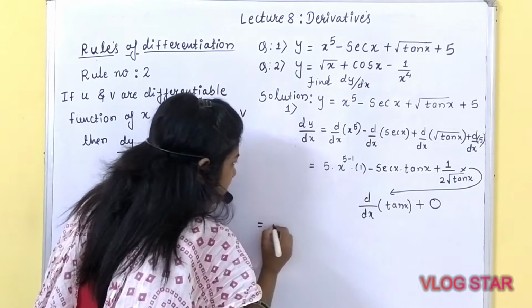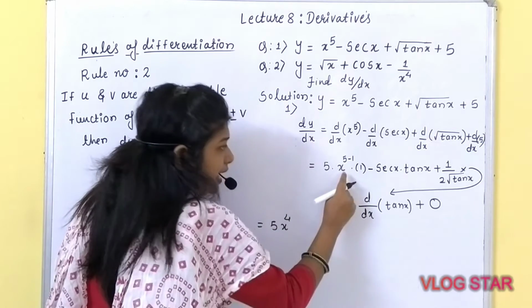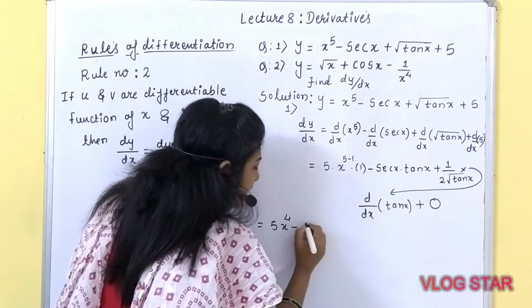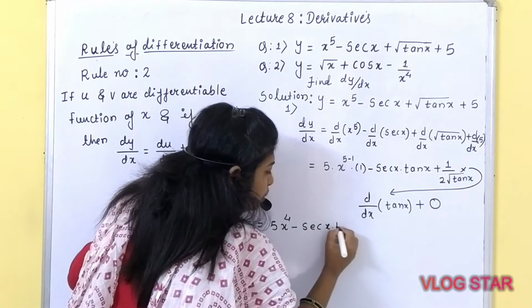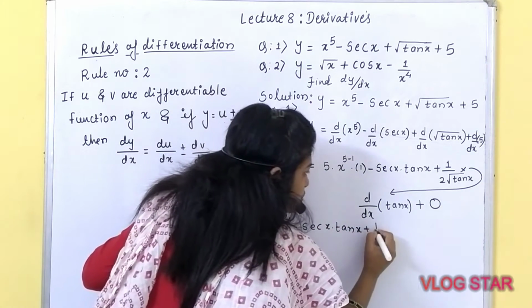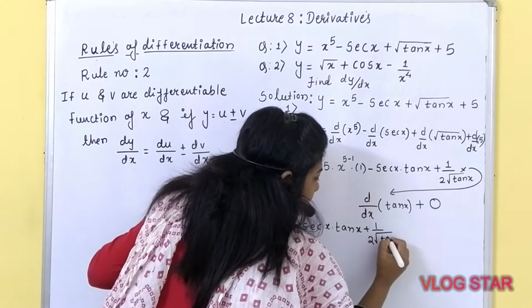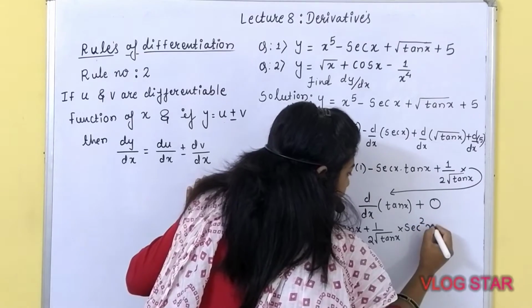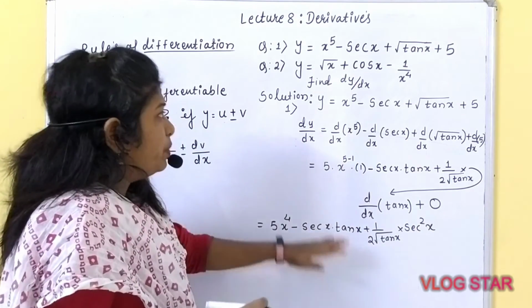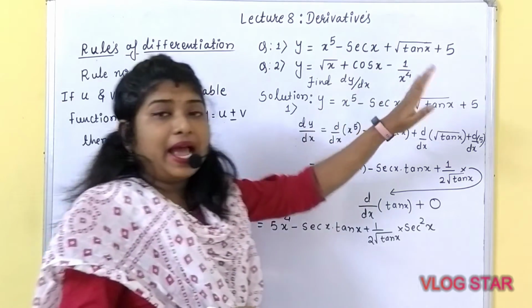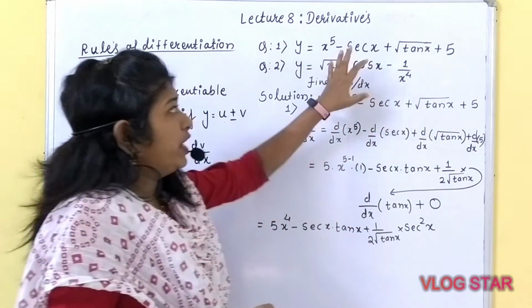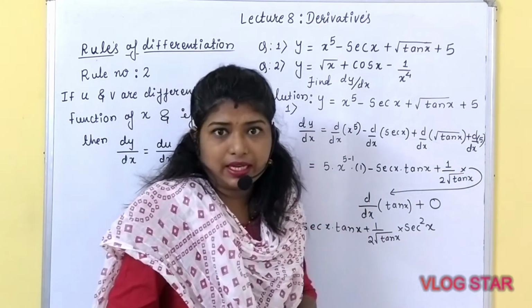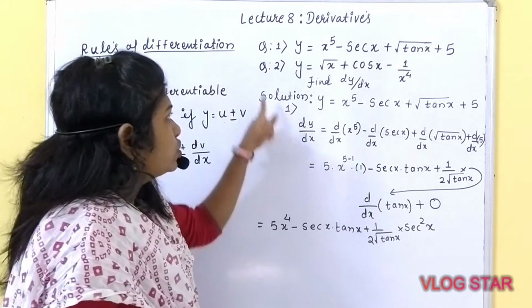Now, the next step: x raised to 5 minus 1 is x raised to 4, minus sec x into tan x, plus 1 upon 2 under root of tan x into the derivative of tan, which is sec square x. I hope you have understood how to apply rule number 2 when positive as well as negative terms are there. I hope you have understood solution number 1.